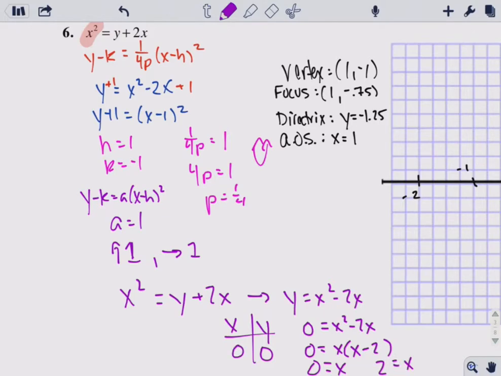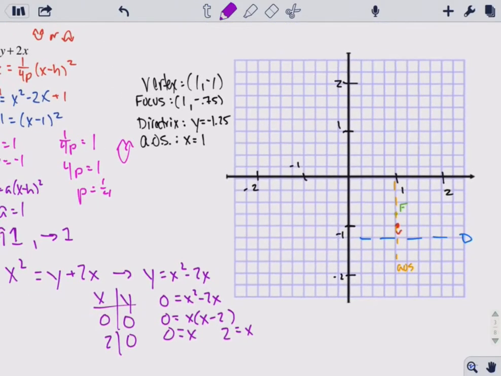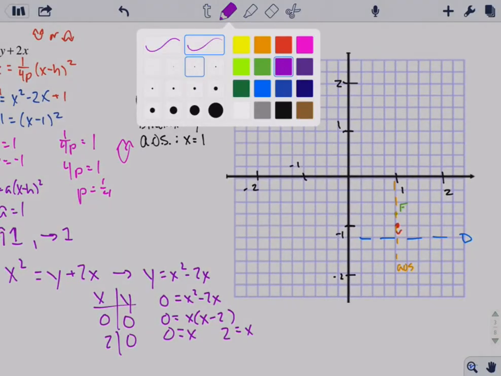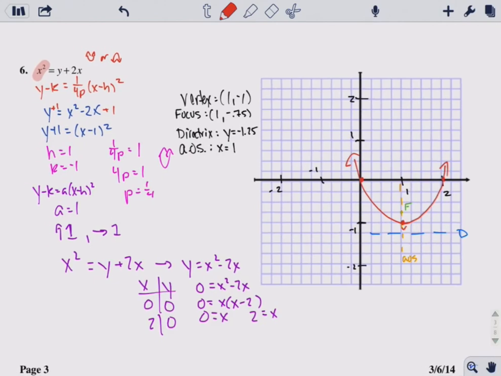So I'll get 0, 0 or 2, 0. Either way, when I graph those, I get 0, 0 there, I get 2, 0 there, and I graph that. Alright, there's my graph, there's my pertinent information. That's page 3 of the review. We'll move on to page 4 next.